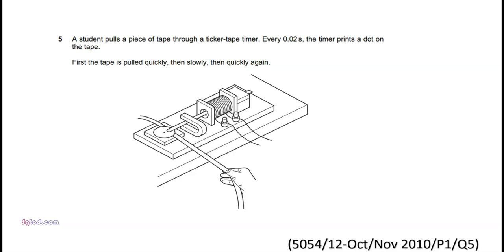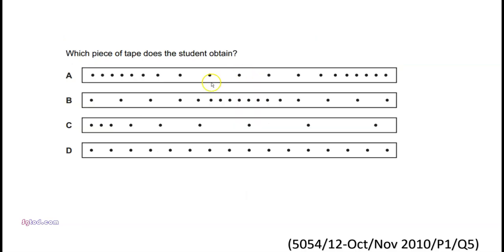A student pulls a piece of tape through a ticker timer. Every 0.02 seconds, the timer prints a dot on the tape. First, the tape is pulled quickly, then slowly, then quickly again. Which piece of tape does the student obtain? This is quite a common sense question, but sometimes in exams, we might be nervous and cannot think clearly, so we can make use of formulas to guide us.